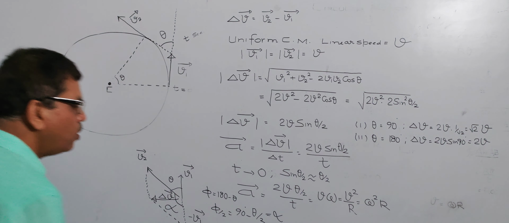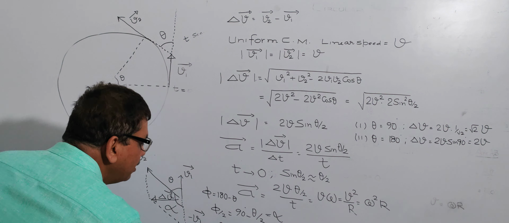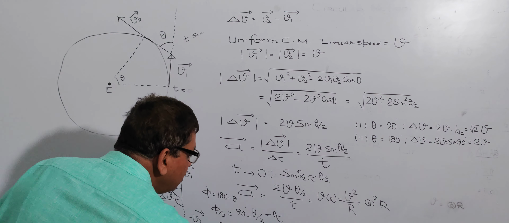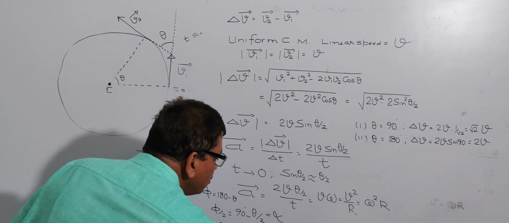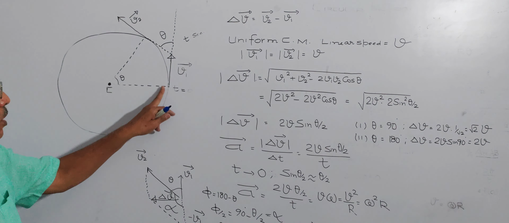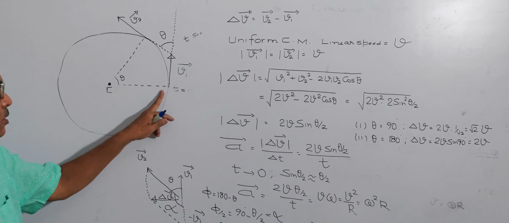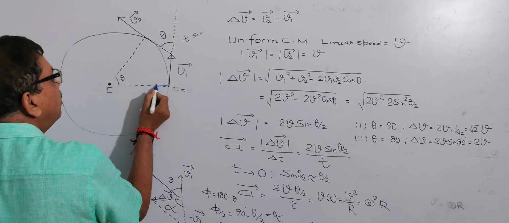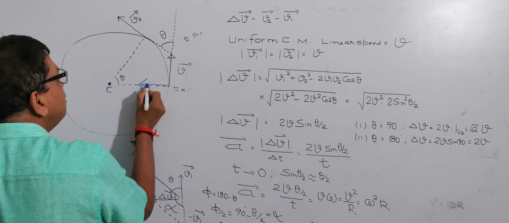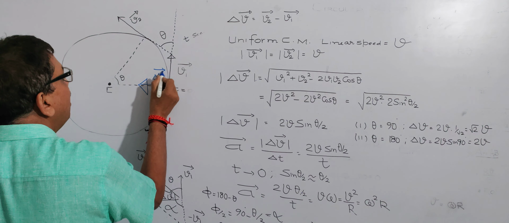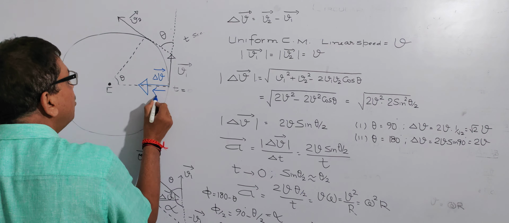Now when theta is small, I can say alpha is 90 degrees, or the change in velocity vector is perpendicular to velocity vector 1. It means the change in velocity vector is exactly normal to the velocity vector. This is the direction of the change in velocity vector, and this is the direction of acceleration also.